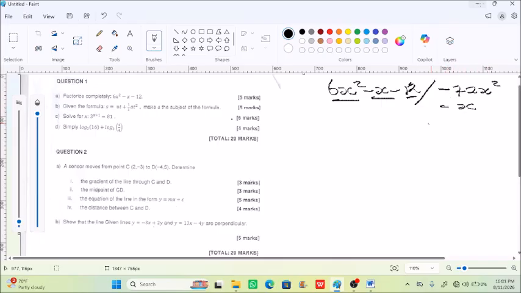Those two numbers are 8x and negative 9x. When you multiply 8x times negative 9x, we get negative 72x squared, and when you add positive 8x minus 9x, you get negative x.